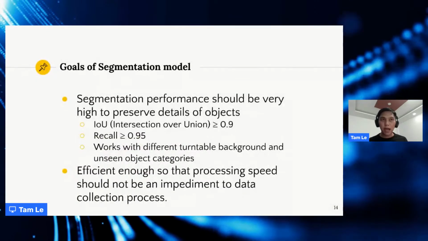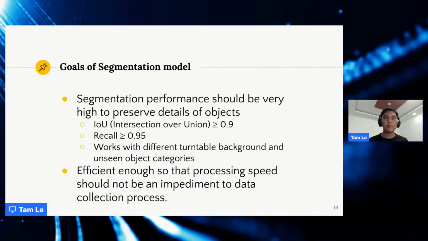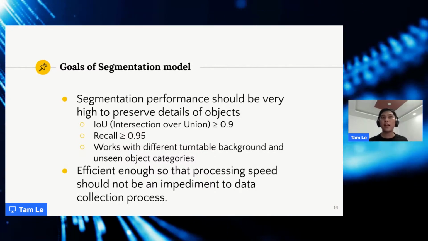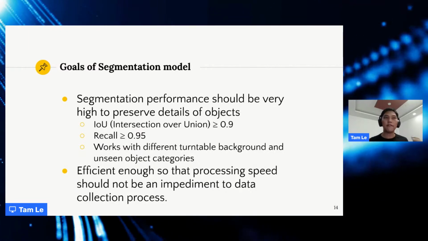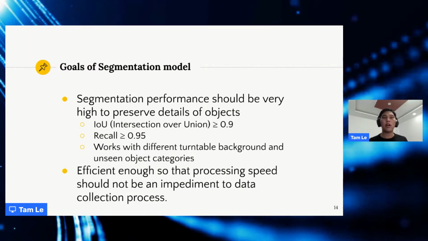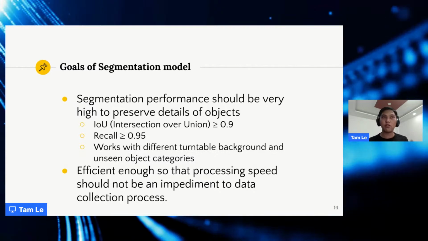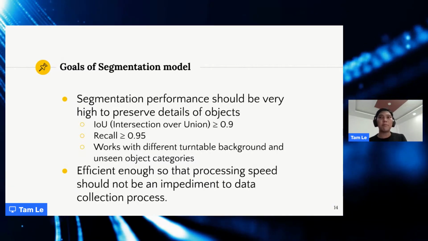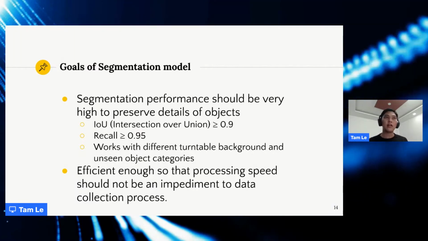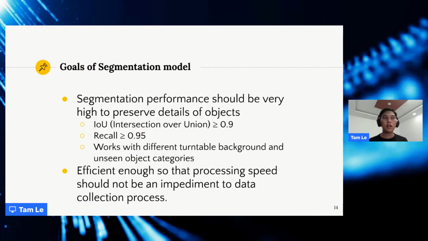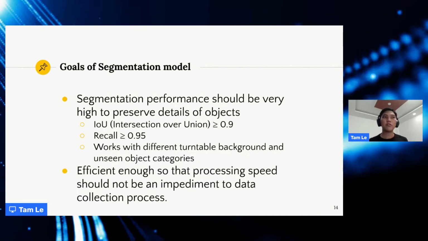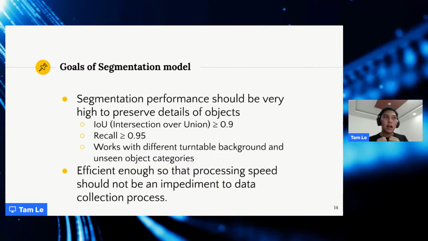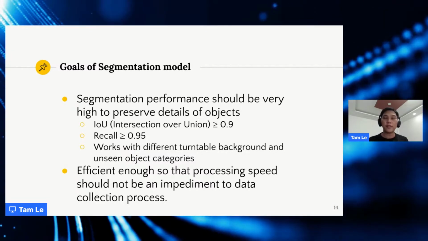The first thing to keep in mind when you work on a machine learning problem, or any kind of problem, is to define your goal. By defining your goal, I mean you have a specific target you want to achieve, and ideally it should be reflected by some metrics. For example, I have two goals for this segmentation model. The first one is that the segmentation performance should be very high to preserve the detail of the object.